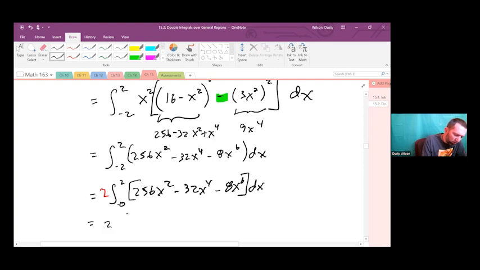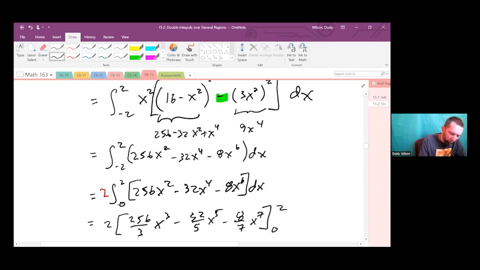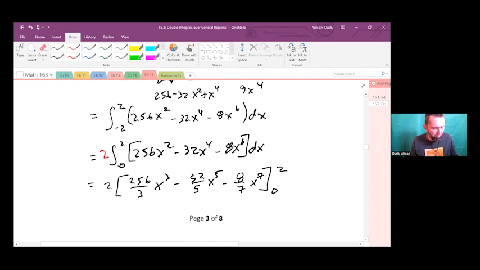which would be 2 times, it looks like we have 256 over 3 x cubed minus 32 over 5 x to the fifth minus 8 over 7 x to the seventh, evaluated from 0 to 2, which I think I can do with my Texan friend.